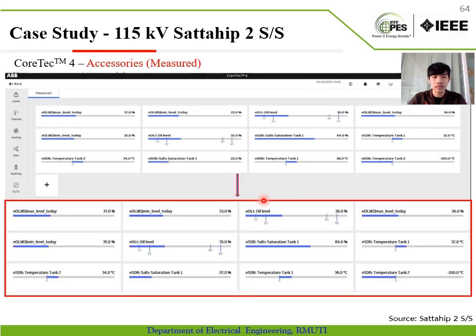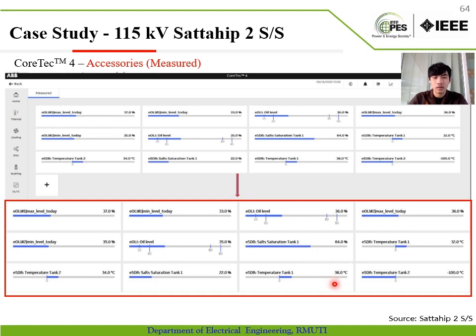Accessory shows the oil level indicator of the on-load tap changer and main tank, and max level, min level, showing the maximum and minimum level per day, and the dehydrating breather utilized for absorbing moisture from the on-load tap changer and main tank.